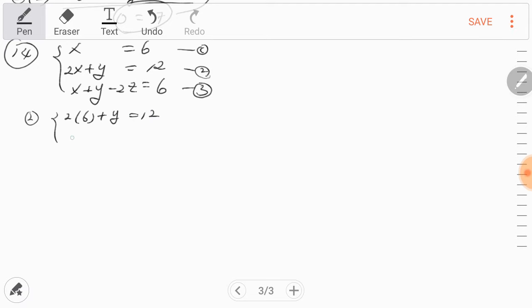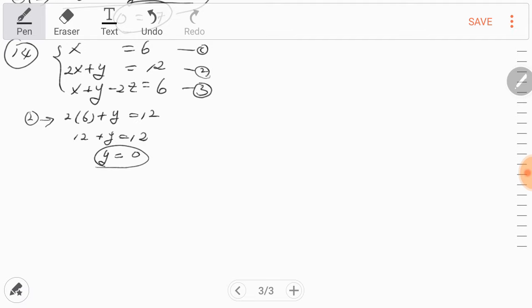Then from here you can find y directly. 2 times 6 is 12, plus y is equal to 12. Minus 12 from each side, then y equals 0. So we found two values: x is 6, y is 0.